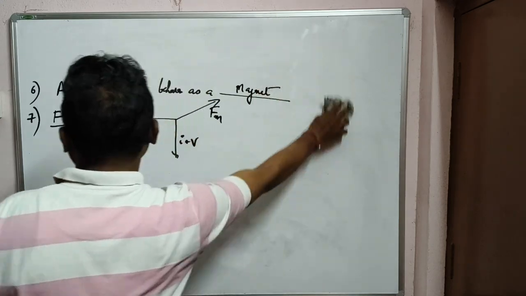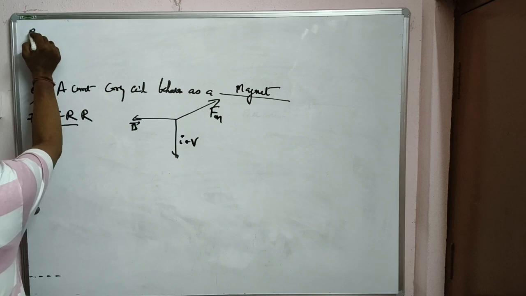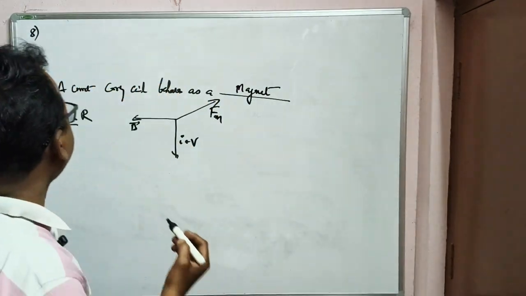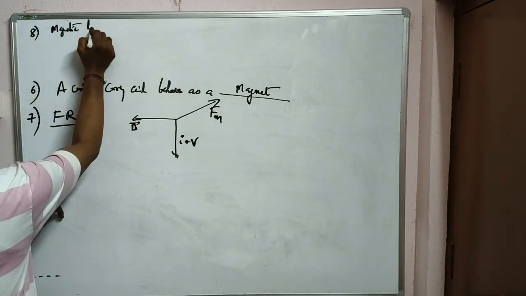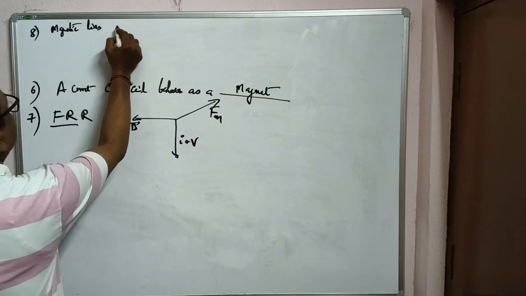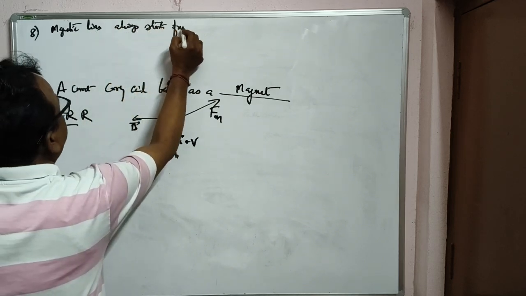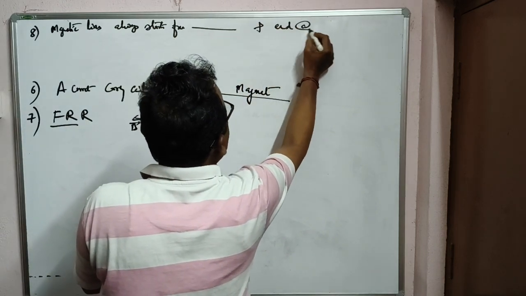Now, next question, the eighth one. Magnetic lines always start from dash and end at dash.